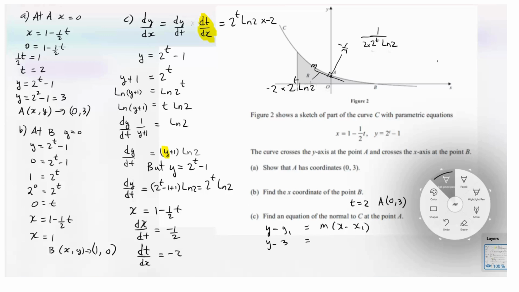M here, gradient of the normal, is 1 over 2 times 2 to the t. Here t is 2, 2 to the 2, times the natural log of 2, into x minus x1. x1 is 0. So we have written the equation there. So we have y equals, that would be 2 times 2, that's 4 times 2, 8. So we have 1 over 8 natural log of 2 times x plus 3. And that's the equation of the normal.